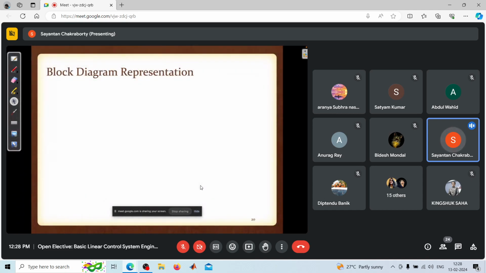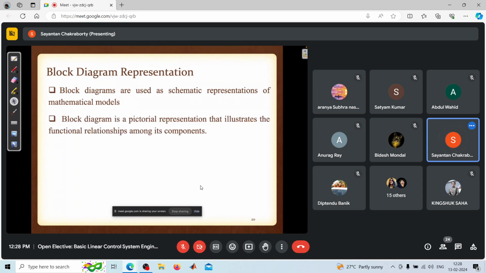So block diagram representation is basically a schematic representation or a topological representation of a system or a mathematical model. Now the block diagram is basically a pictorial representation that illustrates a functional relationship between its components. If it's a standalone block, then it's very trivial. Now, this block diagram is normally used to represent much more complex interconnection of components.